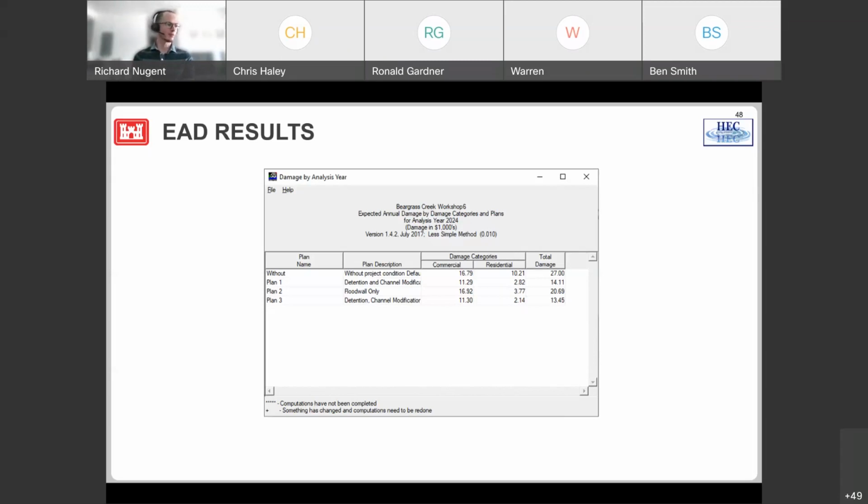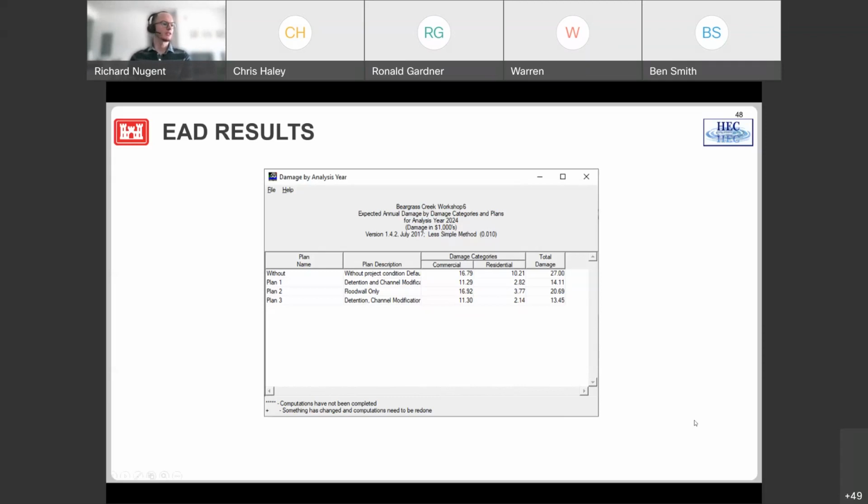We have expected annual damage by plan and damage category, and this is specific to an analysis year. HEC-FDA does not have any concept of time, except for interpolation of expected annual damage between the two years for which we compute expected annual damage. So these are like static estimates.